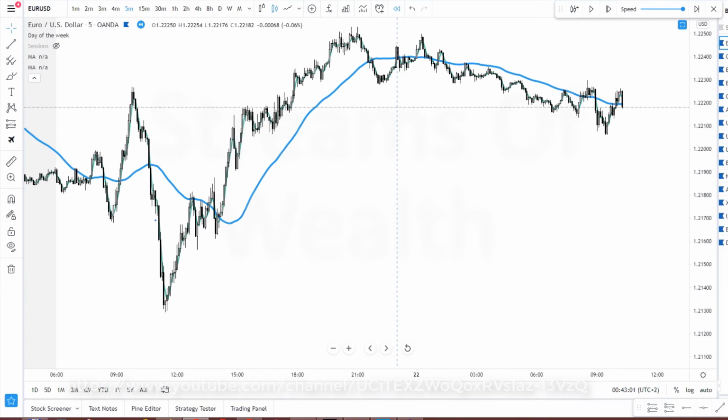Do not do this. You need to be confident in what you are doing. So this is a scalping strategy for your small account. As you could see, very easy, very simple to understand.